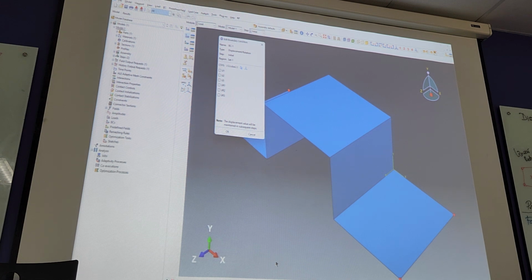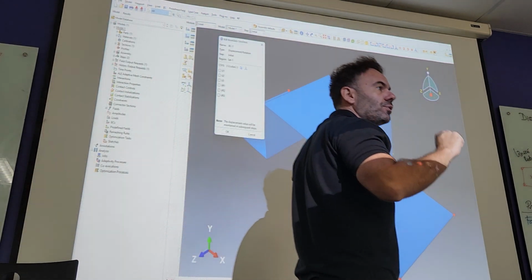So without leaving this plane, without leaving this screen, I can do this, I can do that, and I can do that, yeah? So those are degrees of freedom. When we are dealing with 3D space, we can go translation in X, Y, and Z, and rotation about each of those axes. So all of a sudden, every point has 6 degrees of freedom.